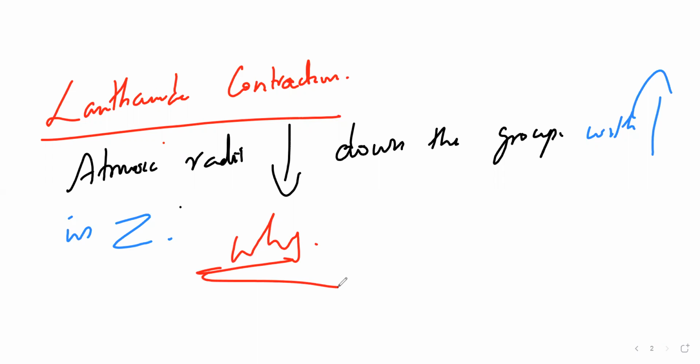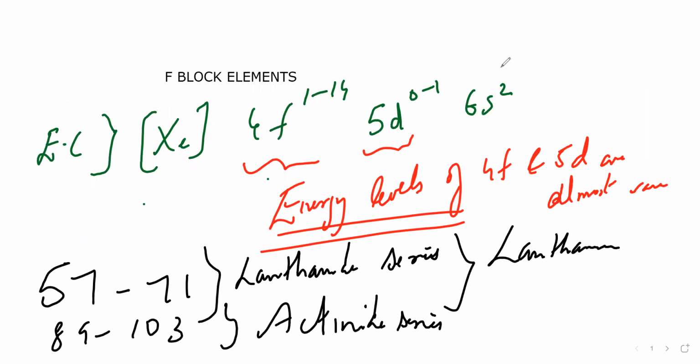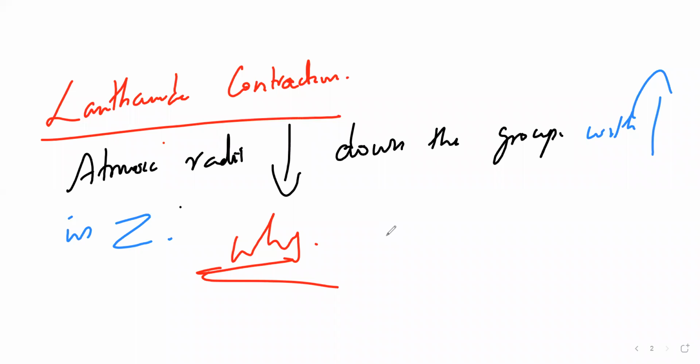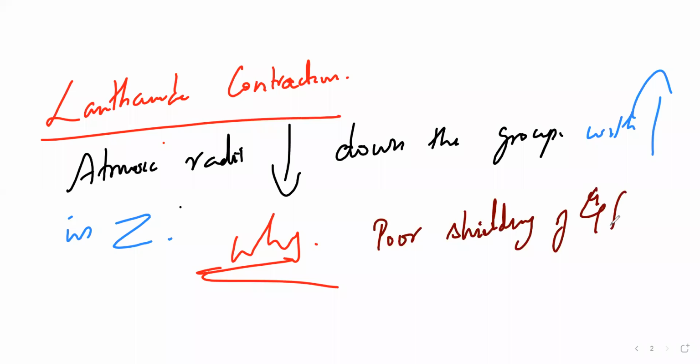Correct? Yes. In both D and F block, it's mainly due to what? In F block, what is the general configuration? 4f. Correct? It is due to the poor shielding of 4f electrons, and also due to what? The F orbital.